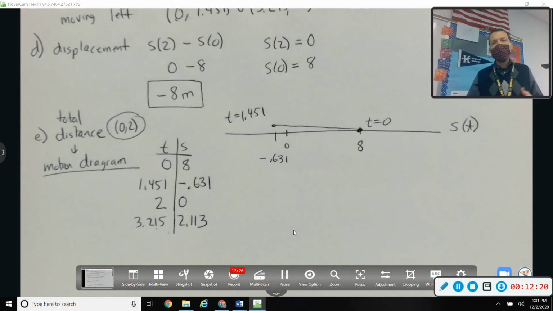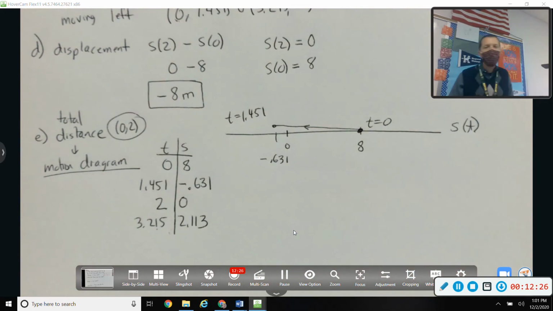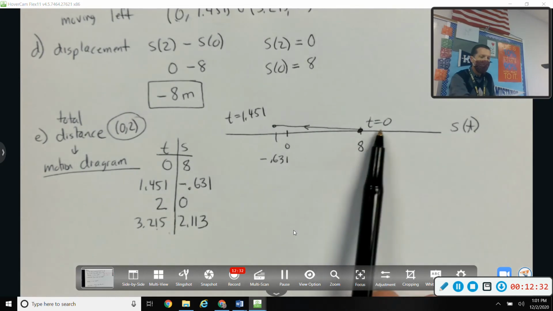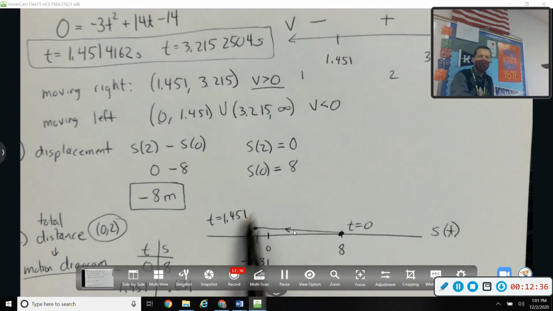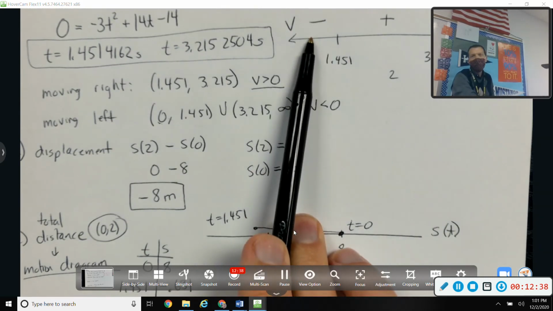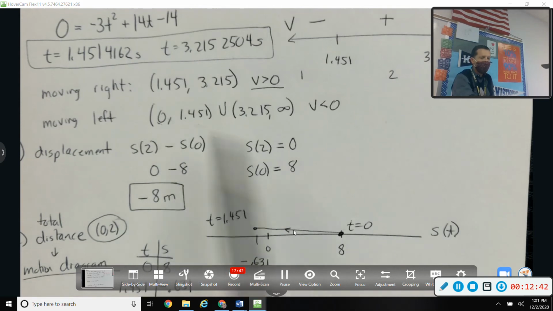Again, this is a pain just because of all the decimals floating around. Some people put arrows on here to help remind them which way we're going. So we're moving left from time 0 to 1.45. That matches our velocity number line from up here. We're moving left.